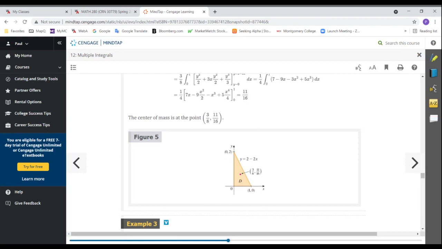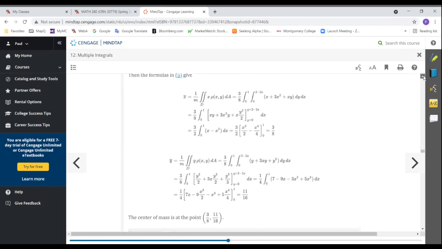And then from there, they used the point slope formula, y minus y sub 0 equals m times x minus x sub 0. So not hard. And then it's clear the bottom function, below the region D, is y equals 0.